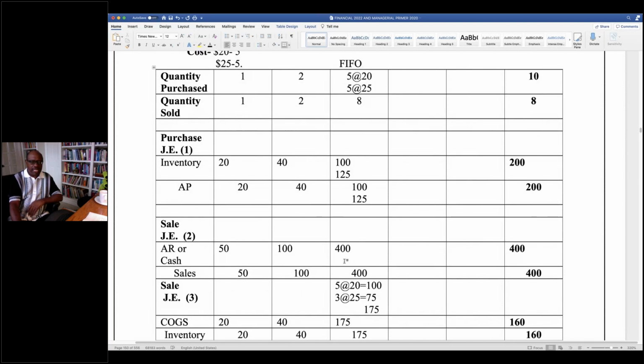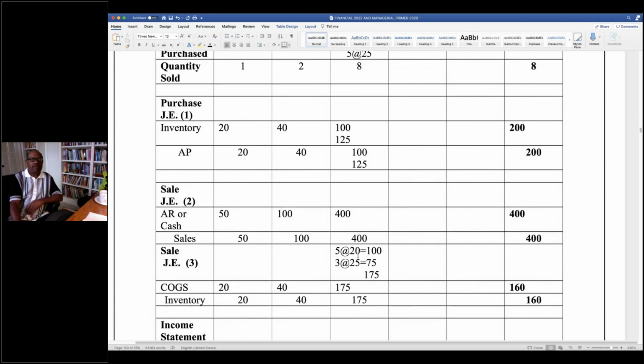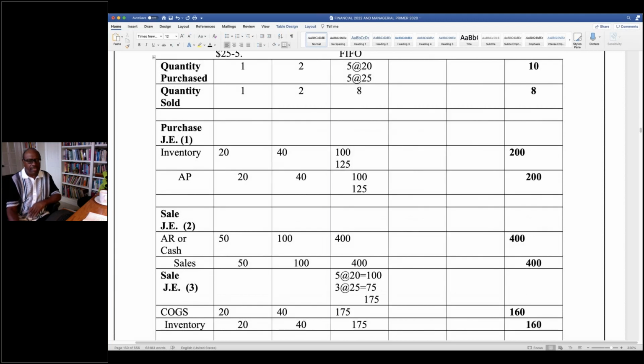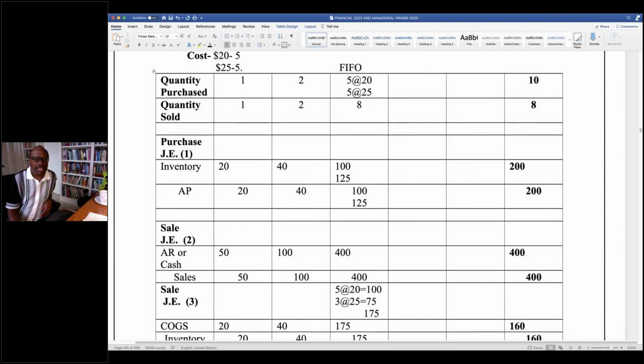Then when we sold the 8, still $400, but when we get ready to make that cost entry, we do a little calculation. I know y'all hate calculation on those adjusting entries. We sold the old 5 at 20, then the next 3 at 25.